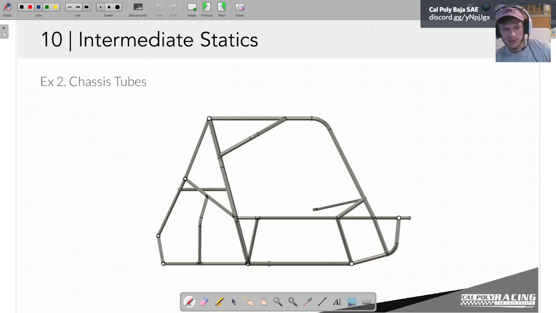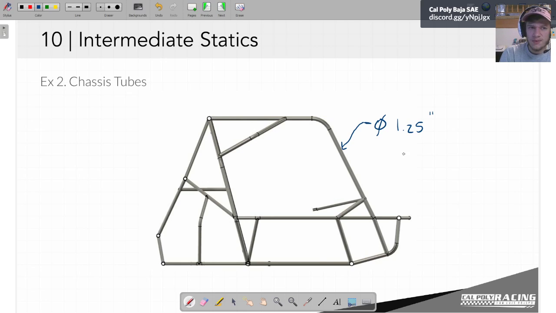Let's do a real problem. So this is the Baja Chassis. I have some issue with the rules. I think that the thickness or the diameter of this tube right here is too big. The rules tell us that it has to be at least 1.25 inches in diameter.